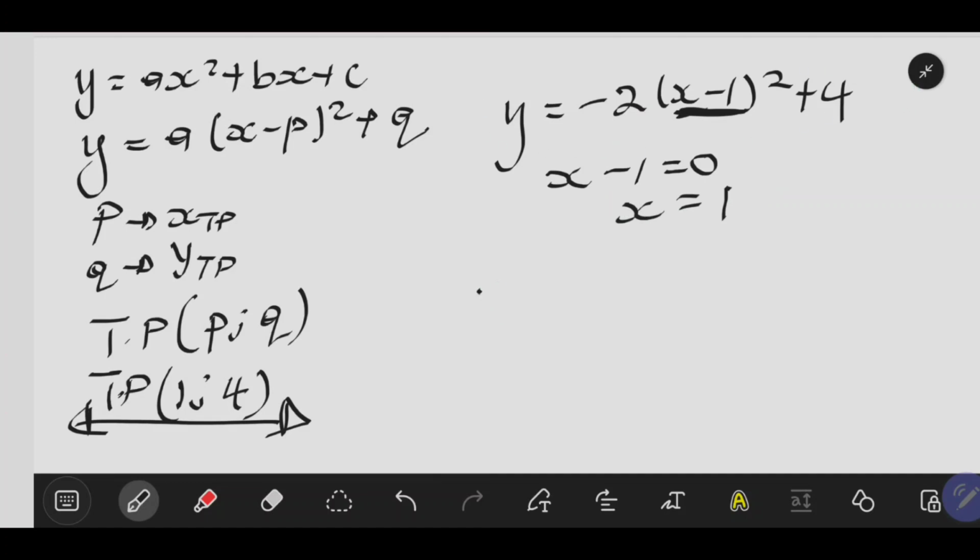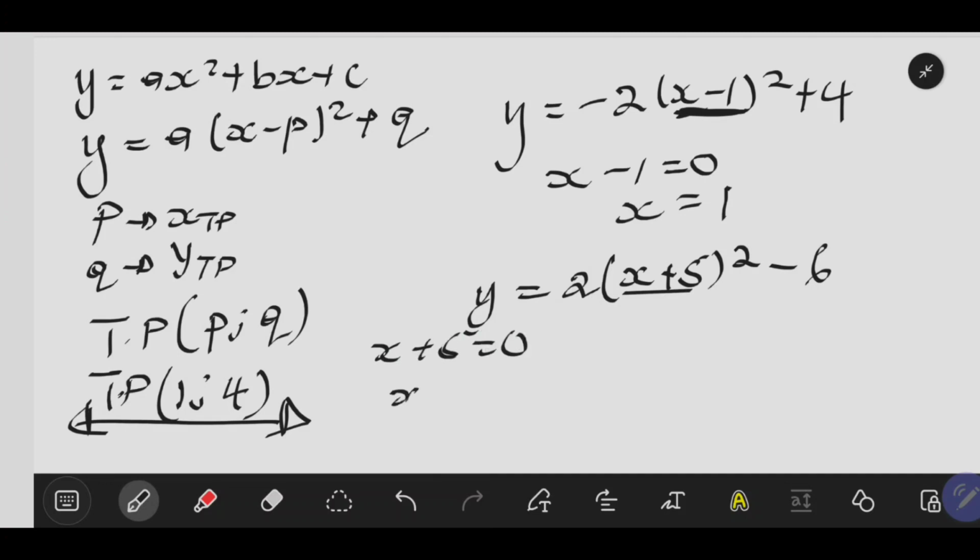Similarly, if you're given maybe an expression like this, and then to determine the coordinates of your turning point, we take whatever is inside, we solve for x. We have x plus 5 equals 0, and then your x value becomes negative 5.